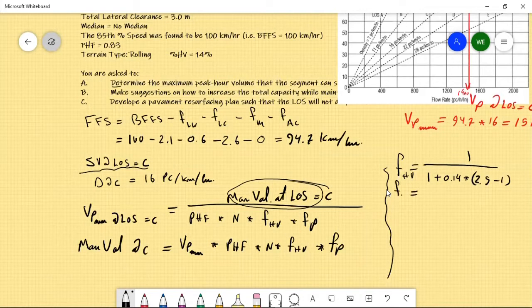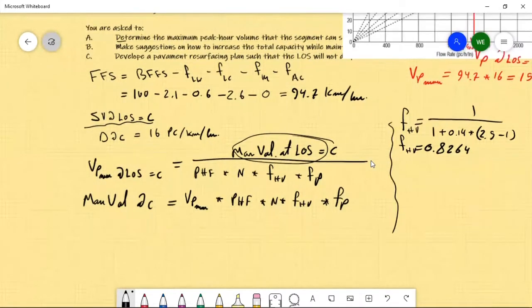So the FHV equals 0.8264. So let's substitute here and see what we will get.